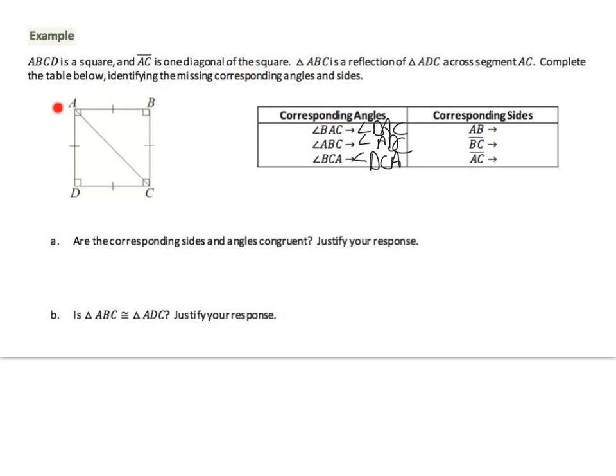Segment AB corresponds to segment AD. Segment BC corresponds to segment DC. And lastly, segment AC corresponds to segment AC.